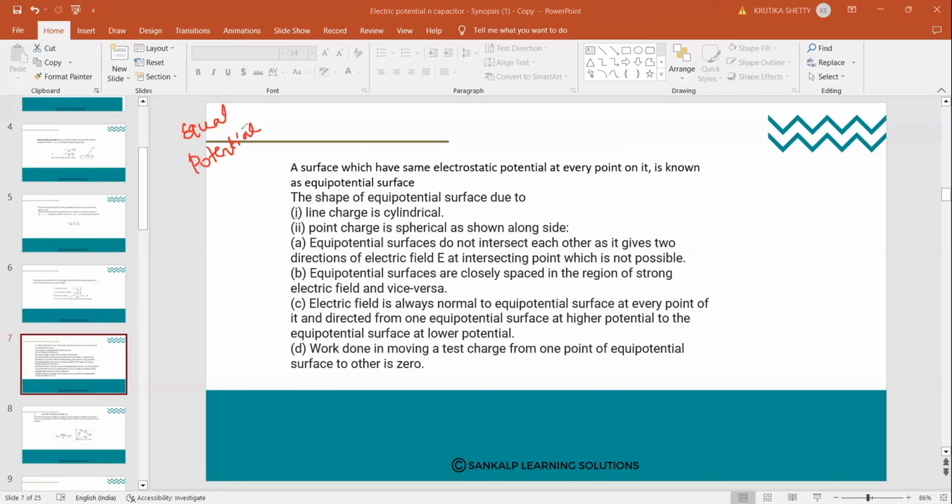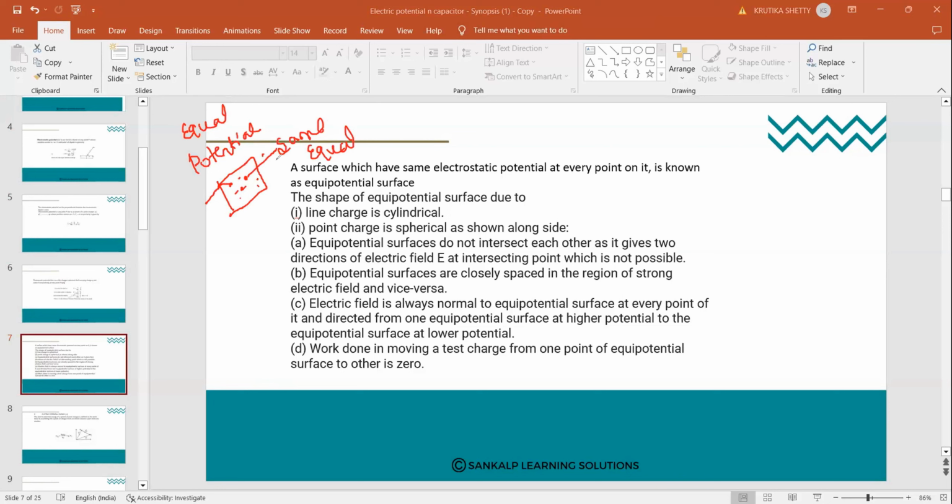So equipotential means equal potential. For example, if I consider one particular surface, at each and every point on the surface, if the potential value is the same or equal, then it is called as what?